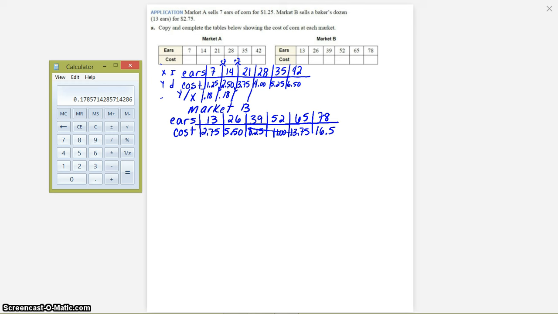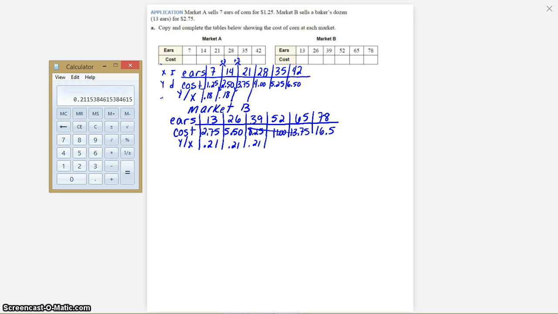So what's it going to be for market B? Let's clear the calculator. Let's take $2.75. That's my first Y value, or my cost, or my dependent value. Divide it by 13, and that's going to be 0.21 for this table. I know it's always going to be the same, and that's going to stand for 21 cents.